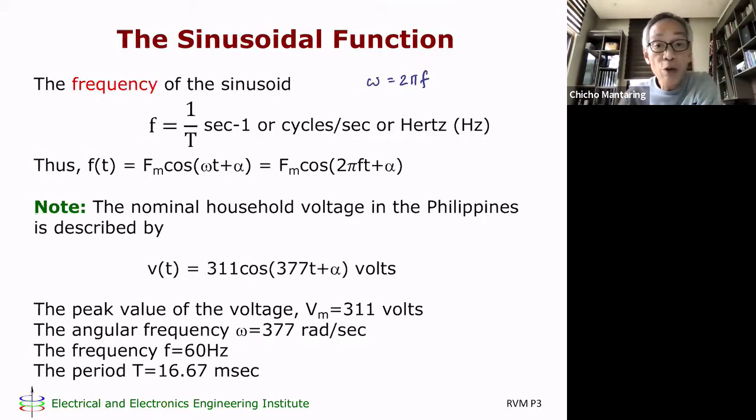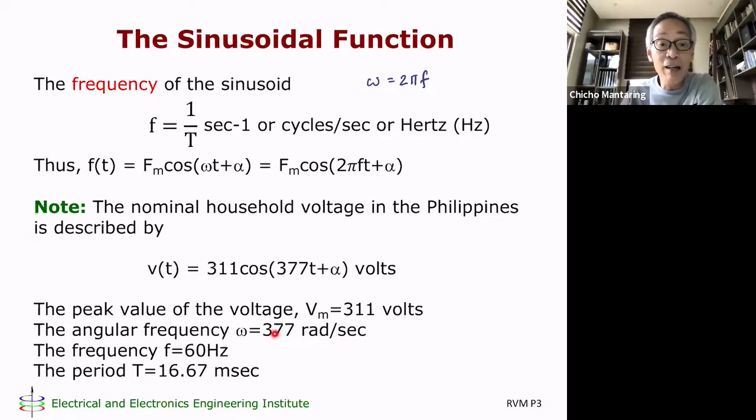The nominal household voltage in the Philippines is described by this voltage expression. v of t is equal to 311 cosine 377 t plus alpha. That is the mathematical expression of the voltage coming out of the outlets of houses in the Philippines. The peak value of the voltage is 311 volts. The angular frequency omega is 377 radians per second.